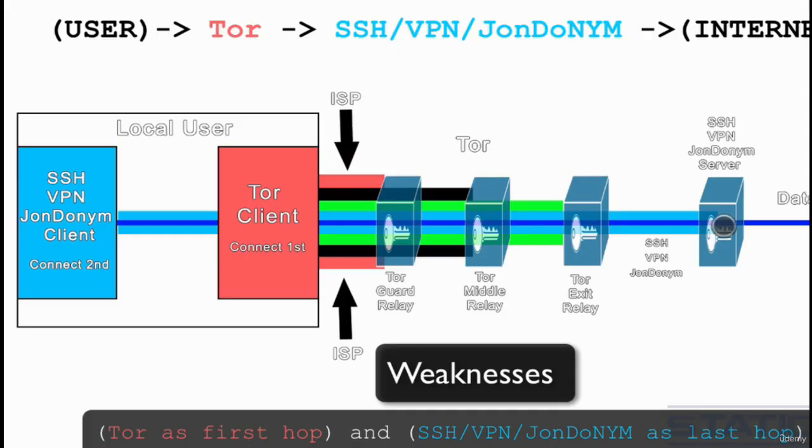Before this, a 3-layer multiple hub is connected, and the local user or Tor client first goes to the Tor guard relay, and of course with the help of the ISP, but at the last the SSH, VPN, JonDonym server stops it, and the SSH, VPN, and JonDonym server is the best protection against the local user Tor client.